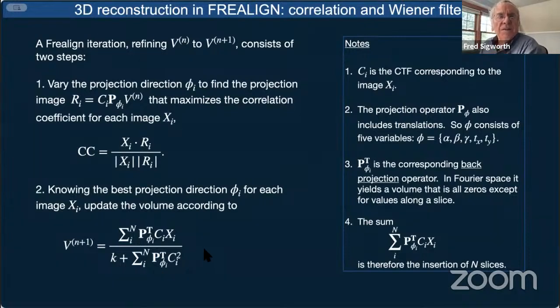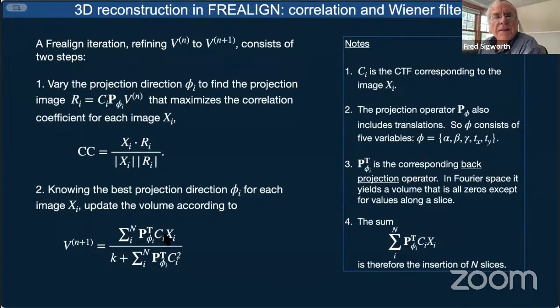So once we have found the best correlating original image and reference, then we do the reconstruction, and here's how the reconstruction works. And what you're supposed to see is that this is just a Wiener filter. In the numerator, we have the data, but in this case, it's a kind of Fourier slice reconstructed volume. We have the original image.